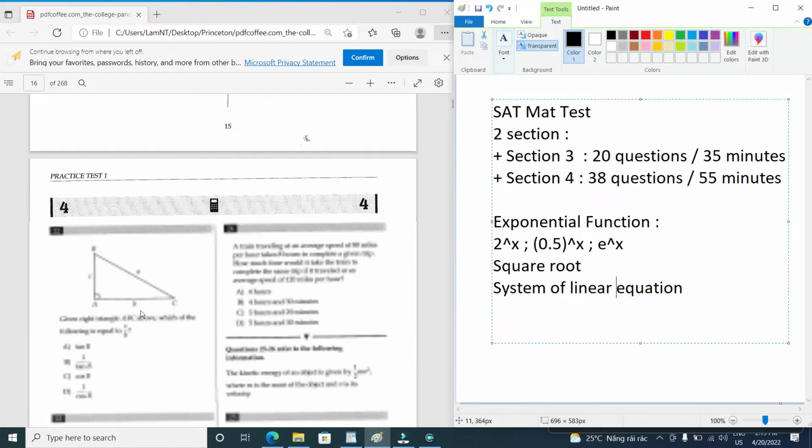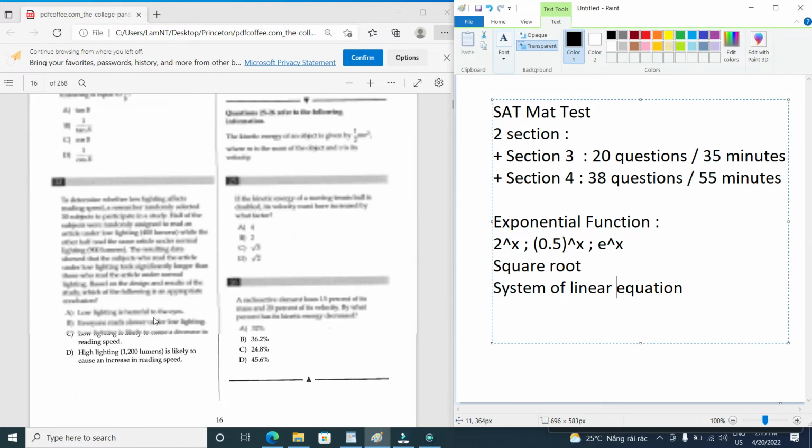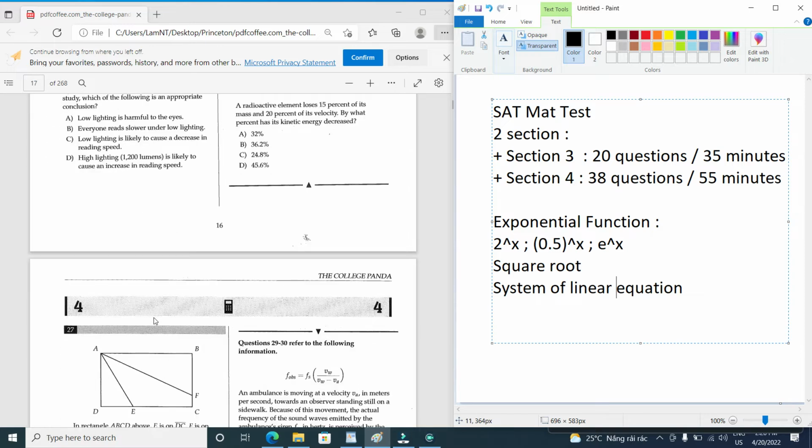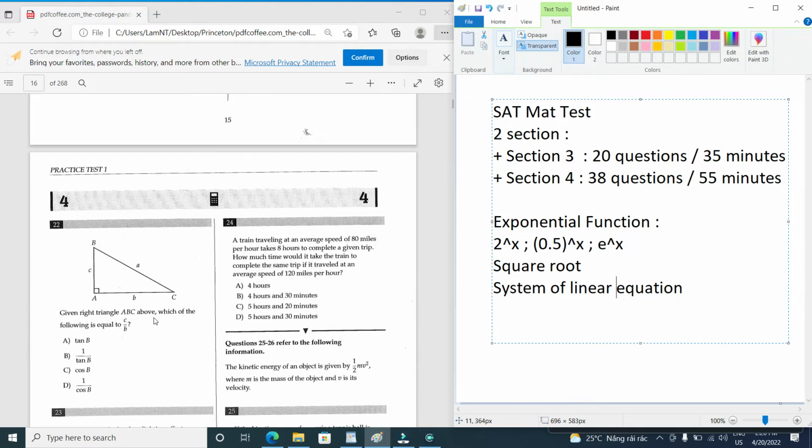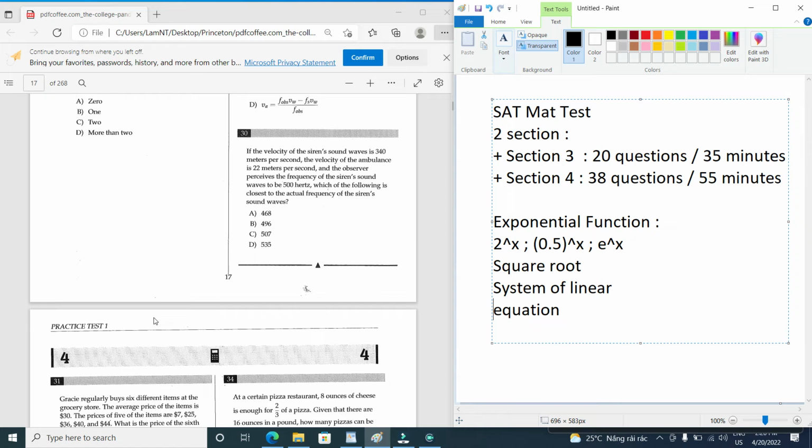And also a couple more geometry problems, so geometry and trigonometry problems. Okay, all right.